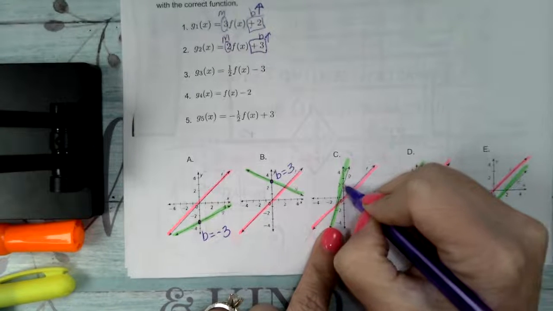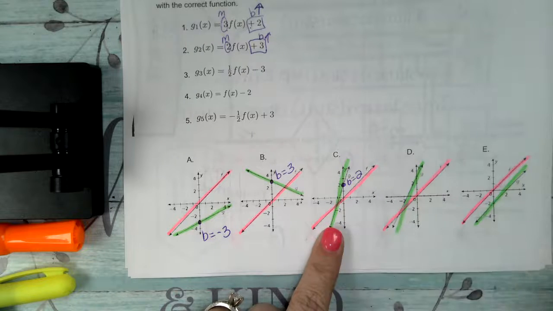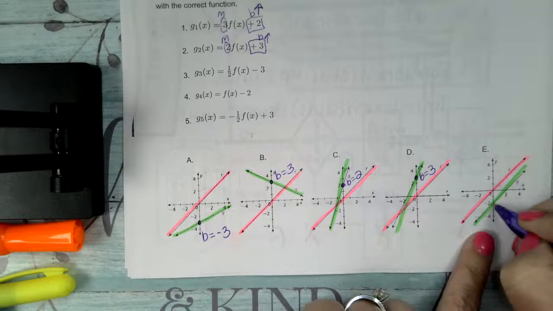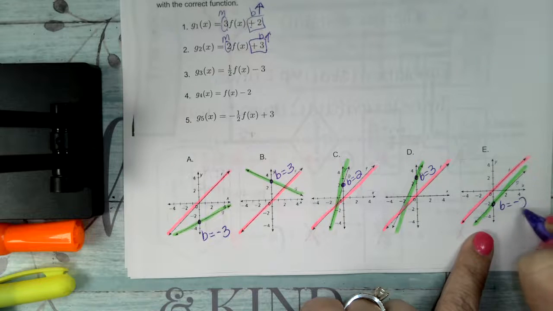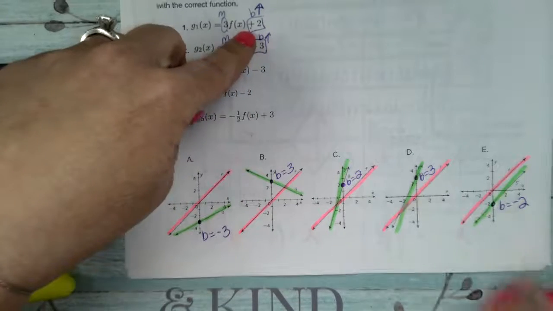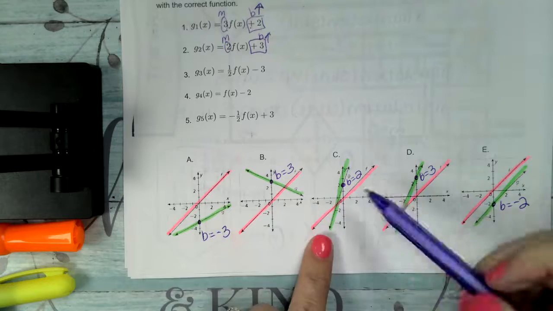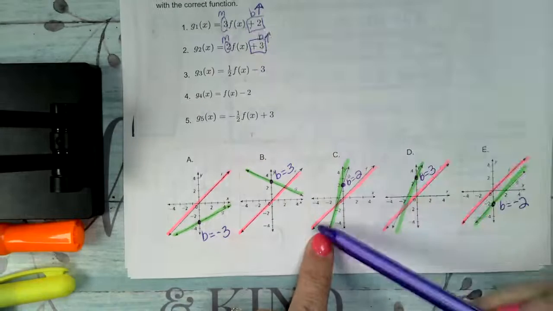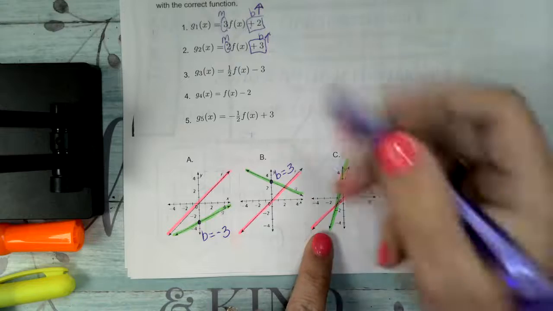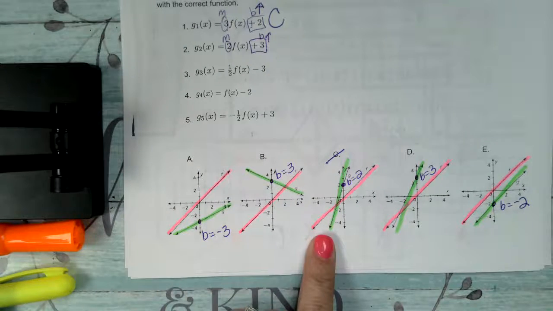On this one, my b is 2. Here, my b is 3. And down here, my b is negative 2. So just looking at my b value of a positive 2, there's only one possible answer. And just double checking it, the 3, compared from the pink to the green, it is more steep. So C would be a good choice.